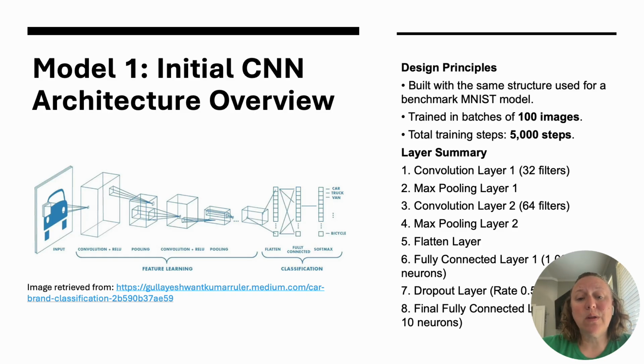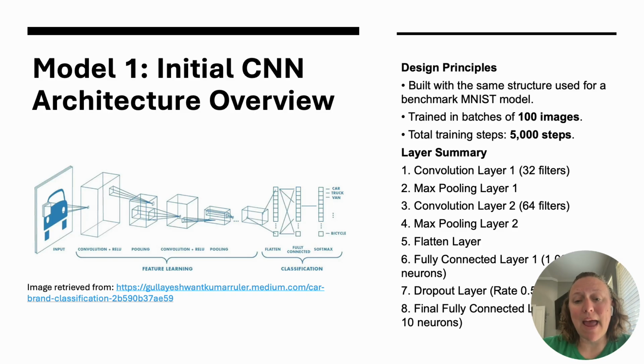The first max pooling layer then reduces spatial dimensions by half using a 2x2 filter with stride 2, resulting in 14 by 14 by 32. Now the second convolutional layer increases the depth to 64 filters, again using 5x5 kernels with same padding and ReLU activation, maintaining the 14 by 14 spatial dimensions.